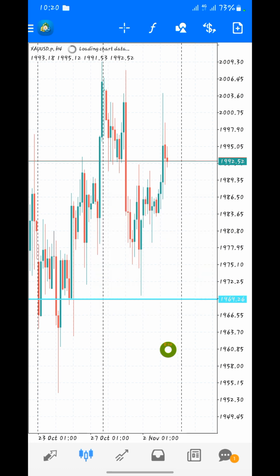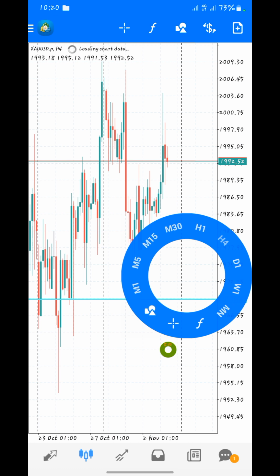Since this is a very huge distance, we will have to divide again this part where the market is currently in. You can see in the 4 hour time frame our lines are far away from each other.